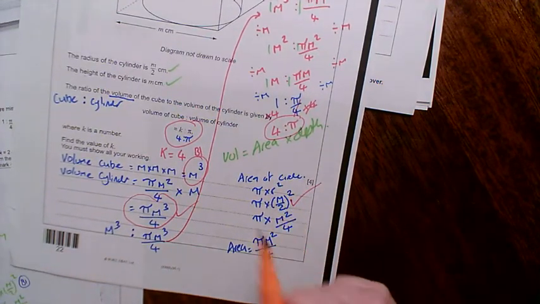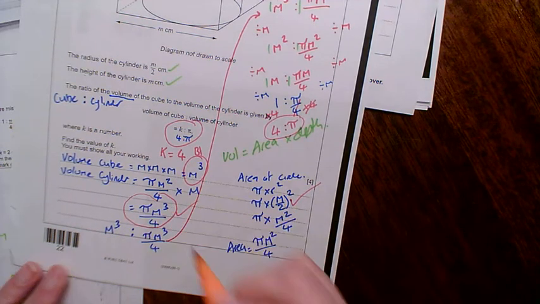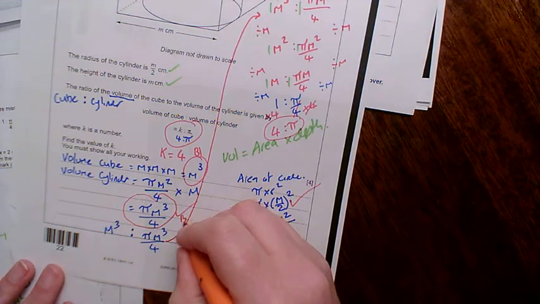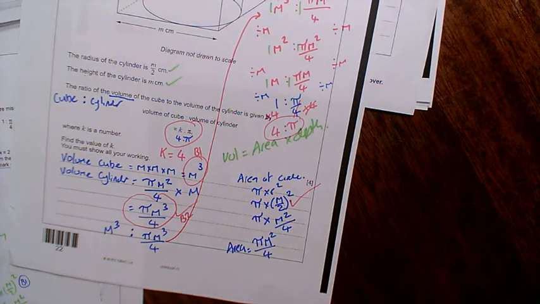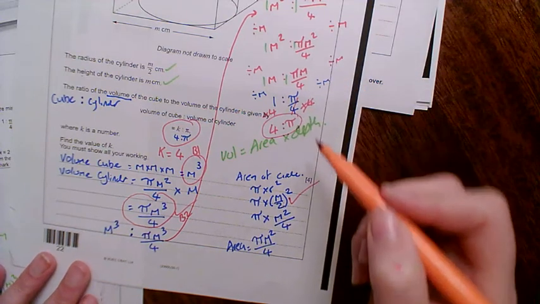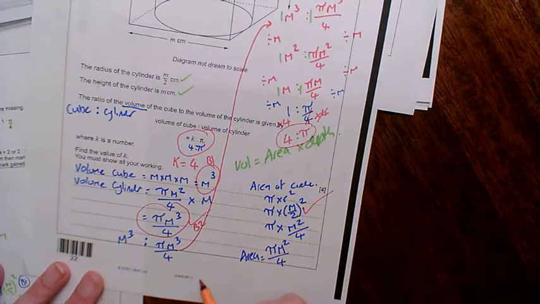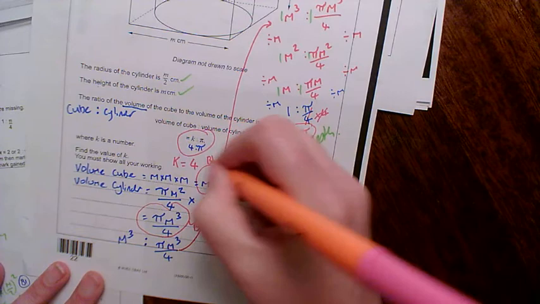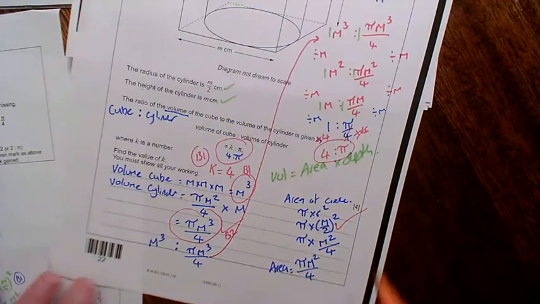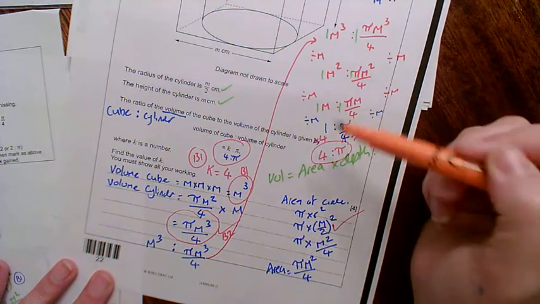So you get 1 mark for showing that times by m. So now we're up to 3 marks. The 4th mark is then for cancelling all this down and being left with the actual answer, which is k equals 4. Okay, this is the most clear way I can explain that.